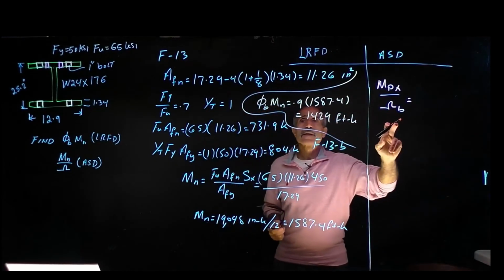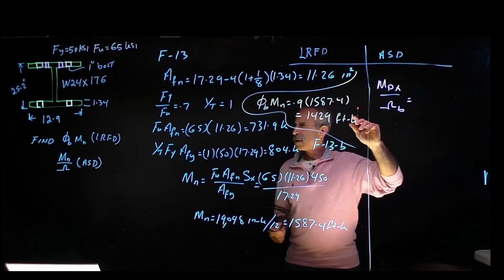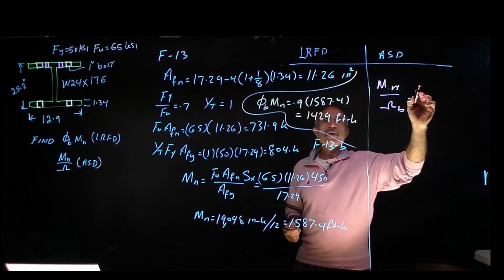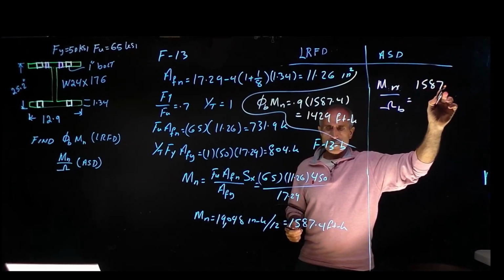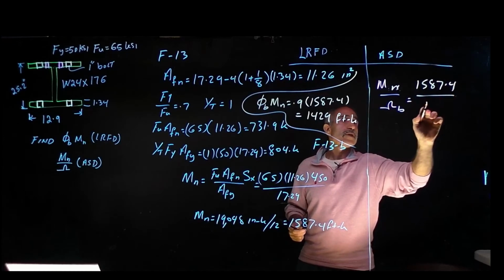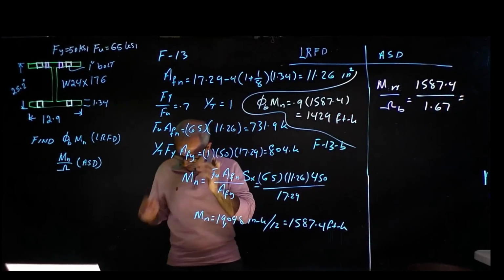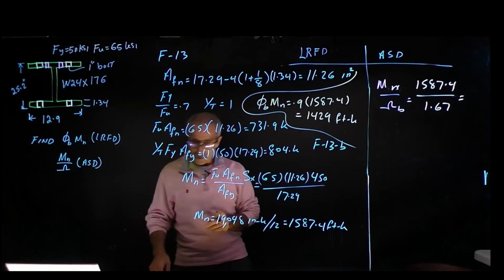And for allowable stress design, it's basically Mn divided by omega, that is 1587.4 divided by 1.67. And I get 951 foot kip.